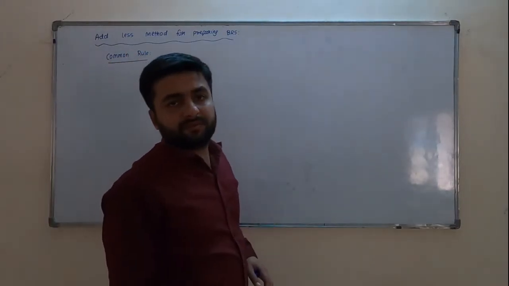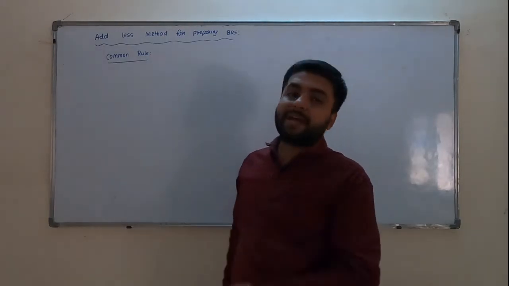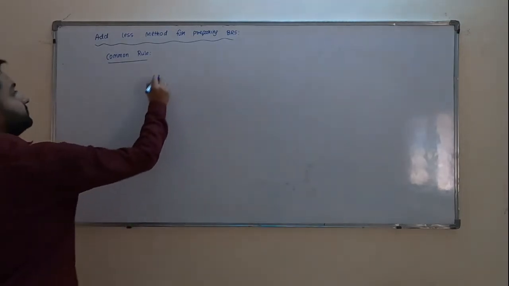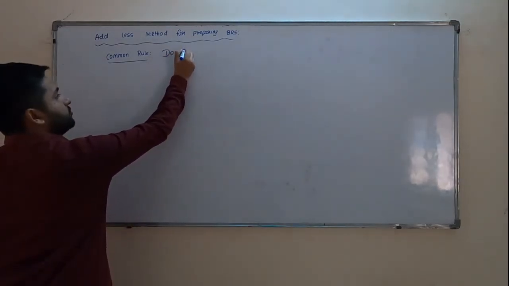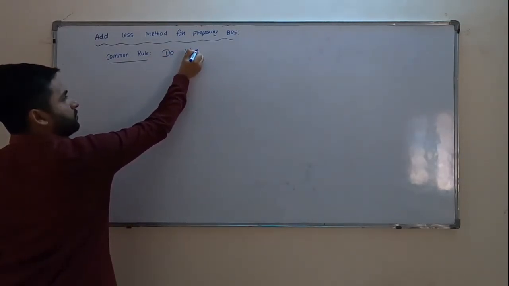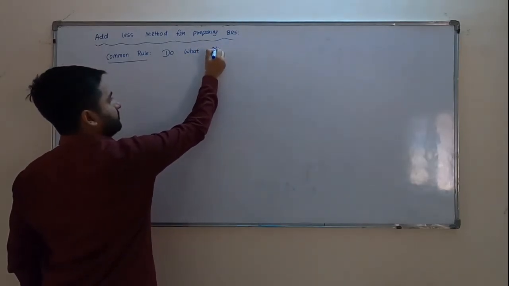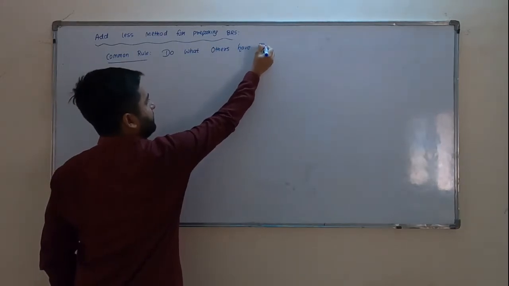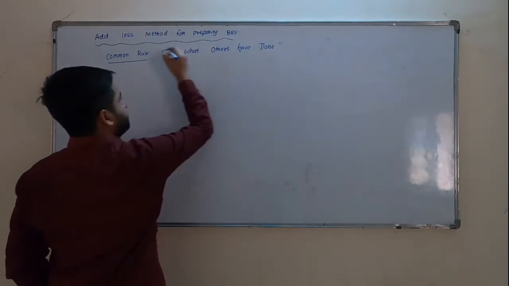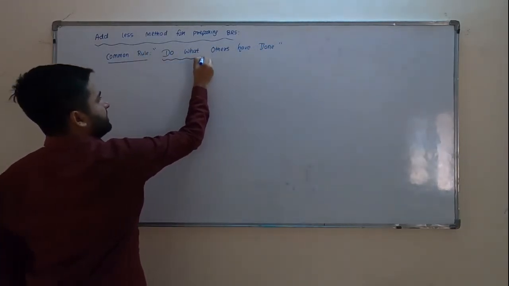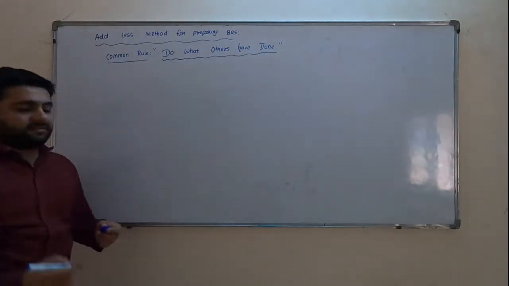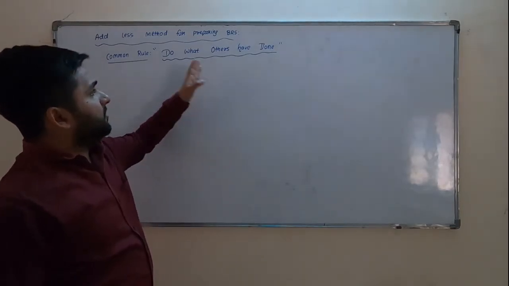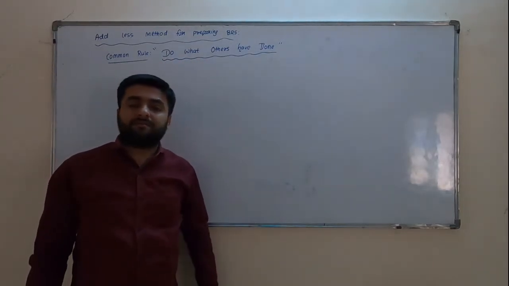One rule is used for preparing a bank reconciliation statement. Which rule? Do what others have done. So whenever you are using the addless method, you have to remember a rule. Do what others have done.